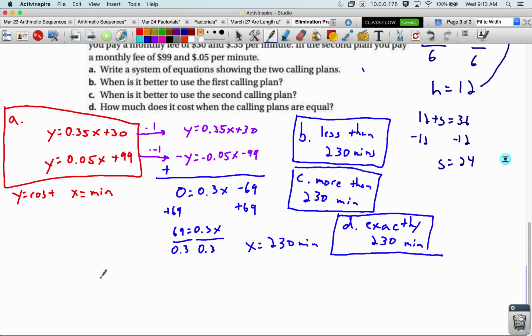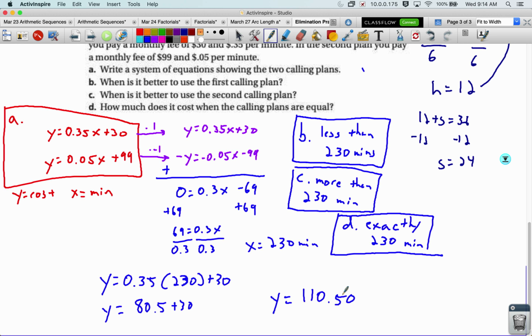I'll plug it into the top equation, y equals 0.35 times 230 plus 30, y equals 80.5 plus 30, y equals $110.50.